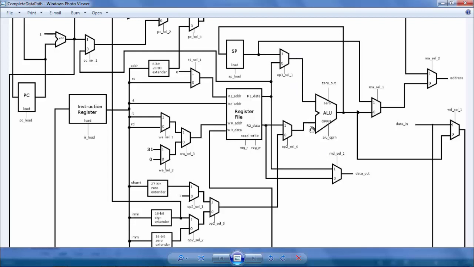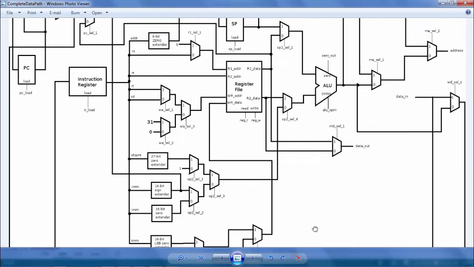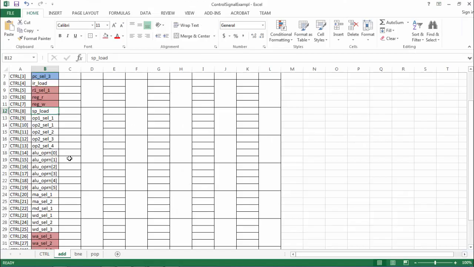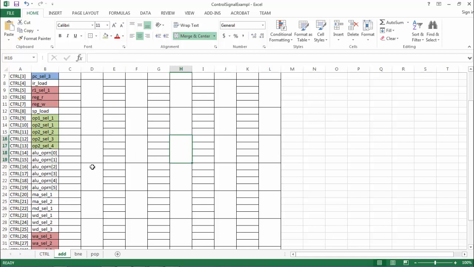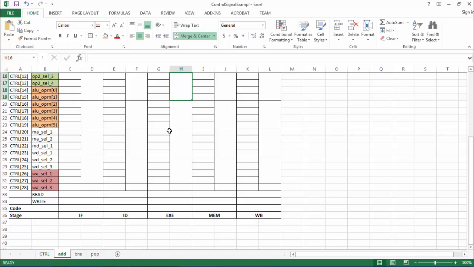But for operand 2, we have quite a bit, like OP2 select 1, 2, 3, 4. So let's group them, OP1 and OP2. These are all related to my ALU operand selection. Let's put a different color there. The ALU operation code, that 6-bit code, is pretty much grouped by itself. So let me put another color there, another group.